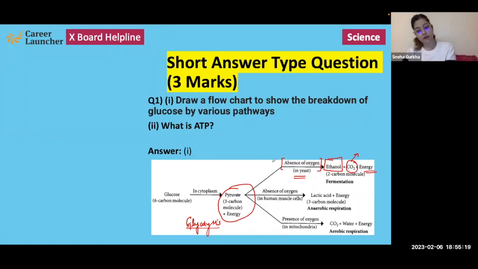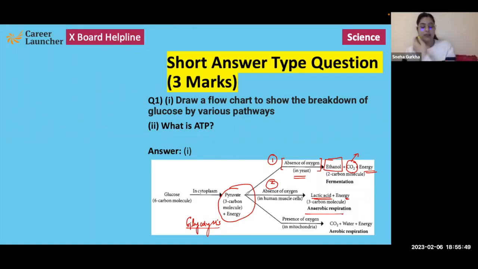So this is the first outcome that can be seen. The second, in muscle cells, again in anaerobic condition, pyruvate can be converted into a 3-carbon compound, which is lactic acid, along with energy being liberated. This process is again anaerobic respiration because it is taking place in the absence of oxygen.